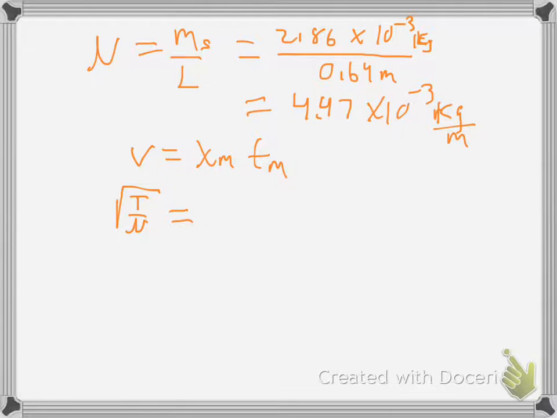And you might remember that the wavelength in general is going to be 2L over M. So if we're talking about a musical instrument, this is just 2L. And then we have our fundamental frequency. So we're going to solve for tension, so we're going to square both sides.